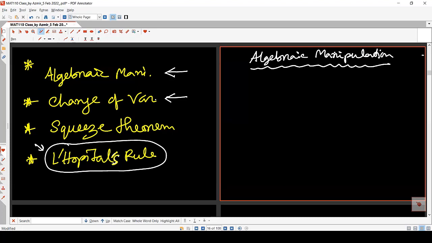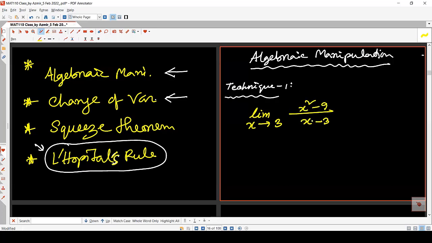Algebraic manipulation means we are dealing with algebraic techniques. So let's say this is the first technique that we can use to compute limits. Suppose we have to compute the limit as x tends to 3 of x squared minus 9 divided by x minus 3.